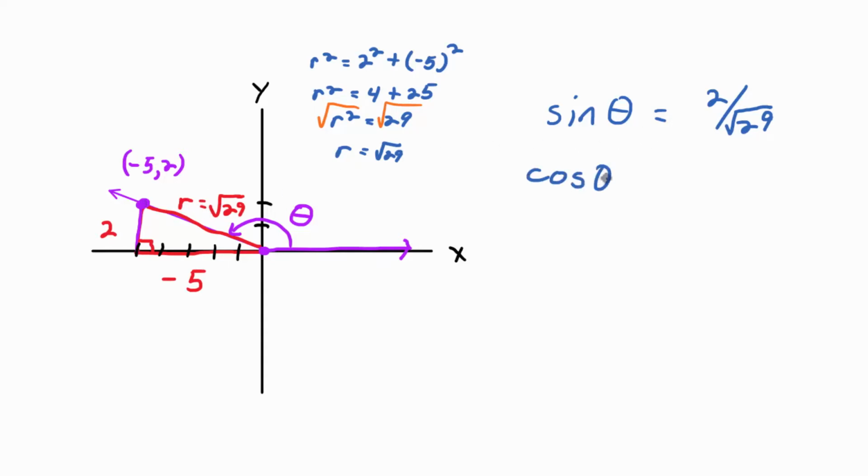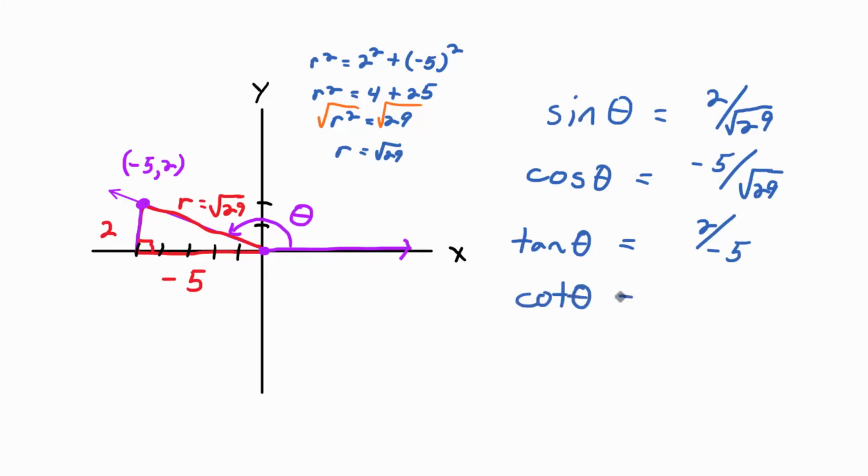Cosine theta would be adjacent, -5, over hypotenuse, root 29. Tangent of theta, TOA, would be opposite over adjacent, or 2 divided by -5. To get cotangent, you just take the reciprocal of tangent, -5/2.